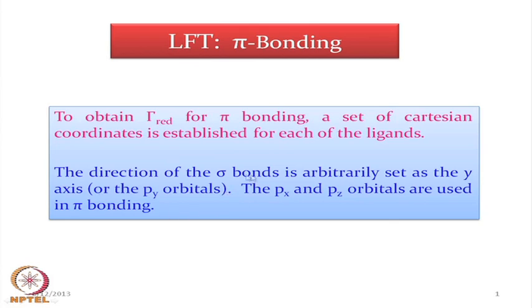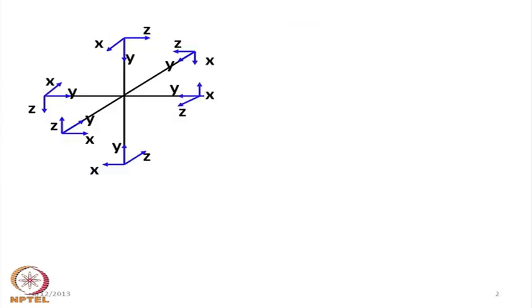If there are 6 ligands for octahedral symmetry, 6 py orbitals from 6 ligands have been taken out for the sigma bond formation with the metal center. So, the remaining px and pz orbitals should be used for pi bonding interactions.